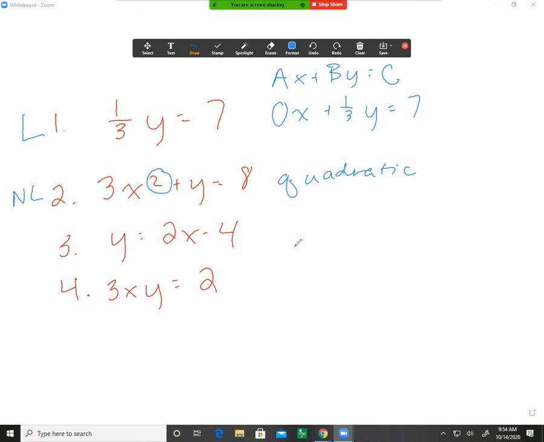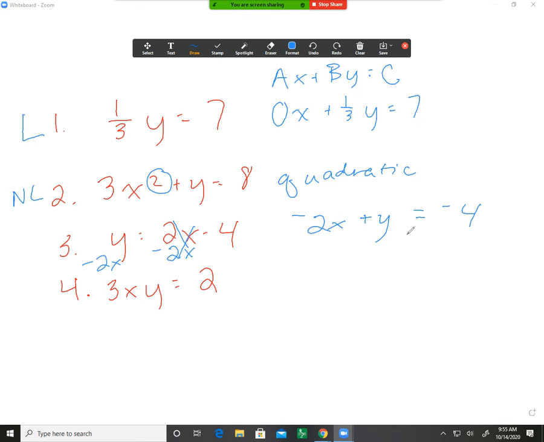Yes, I can write that in standard form. I can move my 2x to the other side by my y. Those would cancel, and I've got a negative 2x plus my y equals negative 4.